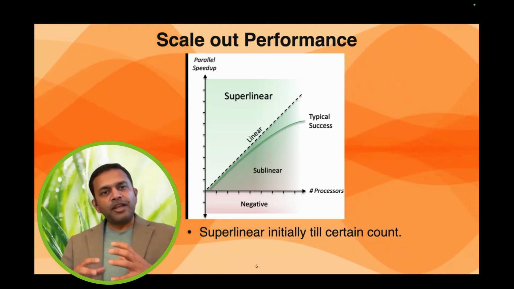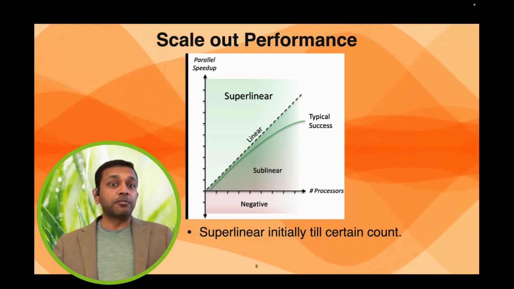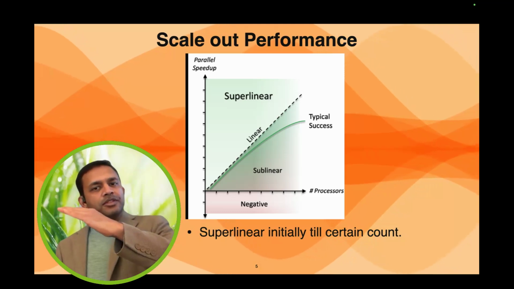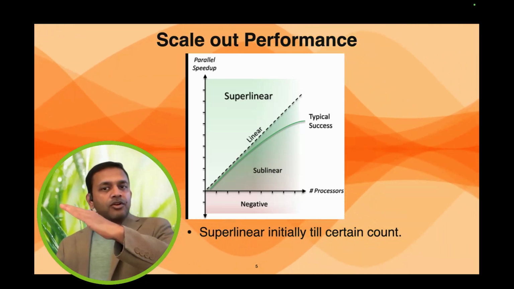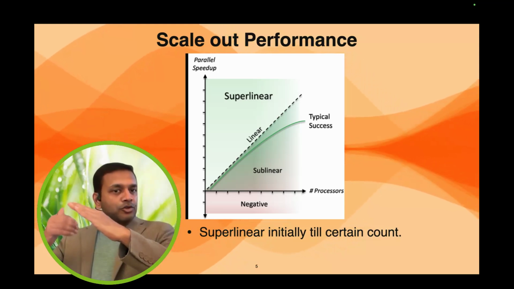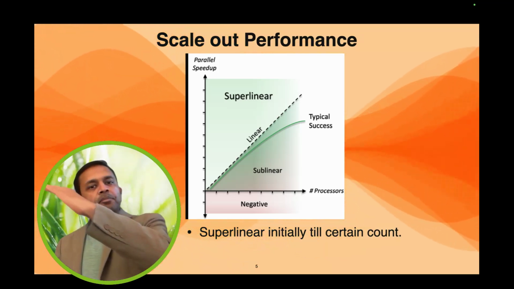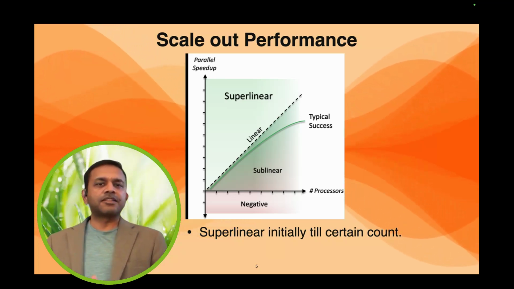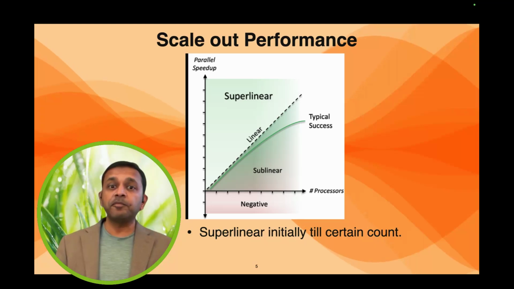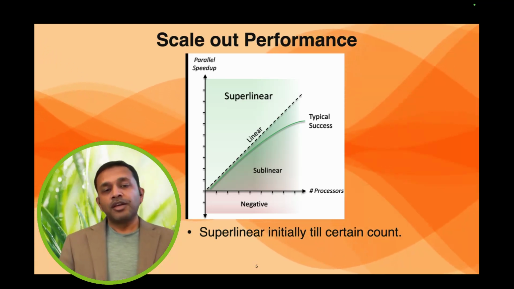That means if you keep adding more ML accelerators and split the compute across them, you get more than linear benefit. Slowly, a point comes where it becomes linear, because at that time the sublinear effects are starting to dominate and the superlinear effects start to fade. Beyond that count, let's say for the sake of discussion 5,000 ML accelerators, if you keep on adding them, you will have diminishing returns. So that's just to understand.